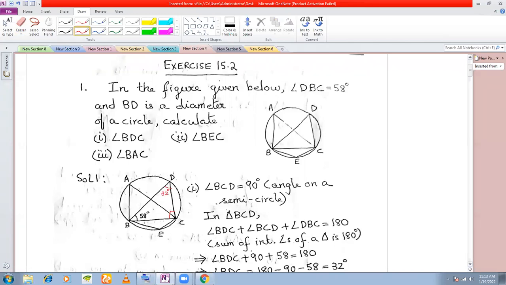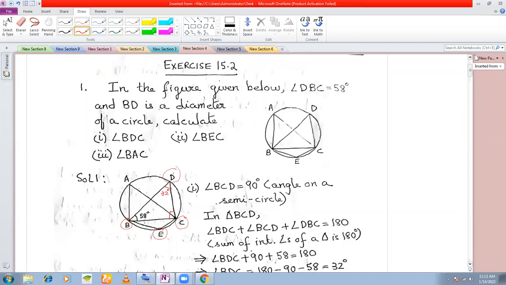Angle BEC. Now BEC, how will you find BEC? If you see BECD, that means the quadrilateral formed by this is a cyclic quadrilateral, right? All of them lie on the circle. That means the sum of opposite angles must be equal to 180 degrees.